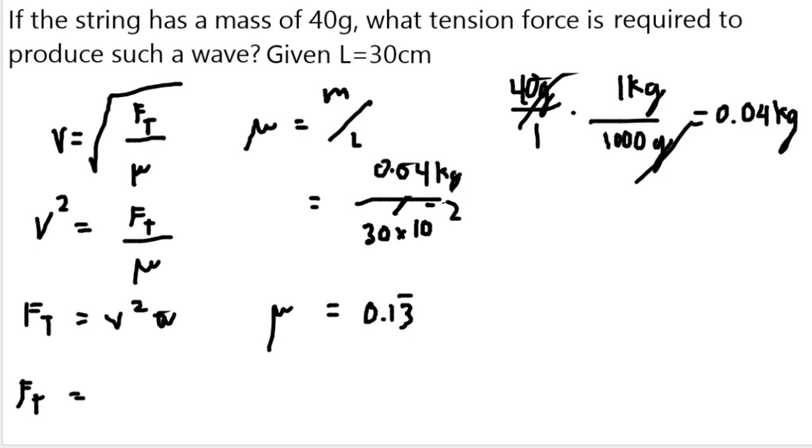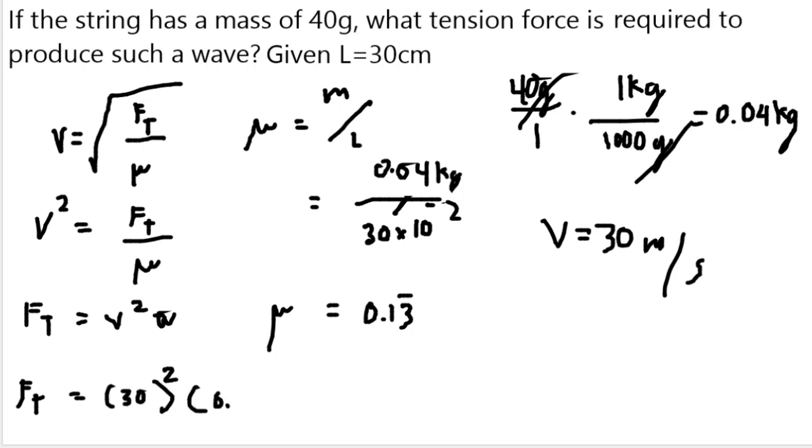The tension force is going to be the velocity of the wave on the string, 30 meters per second, squared, multiplied by 0.13 repeating. So the tension force here is going to be 120 newtons.